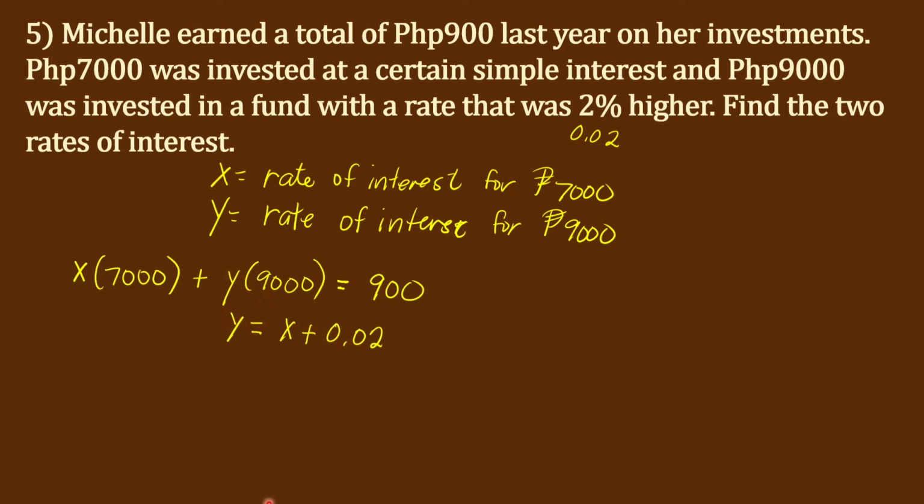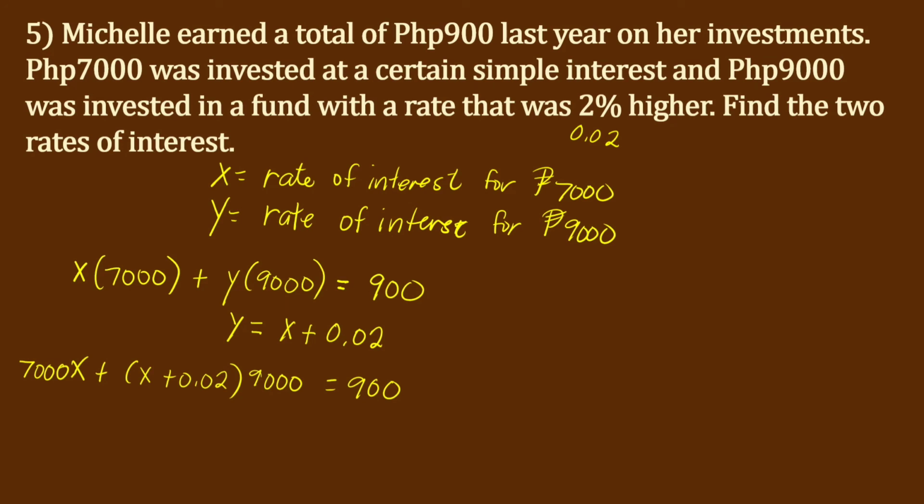Substitute. So, rewrite x times 7,000 or we can write 7,000x plus, now let us first write x plus 0.02, just for you to see that we have substituted y with x plus 0.02. And then multiply this to 9,000 pesos equals 900 pesos.